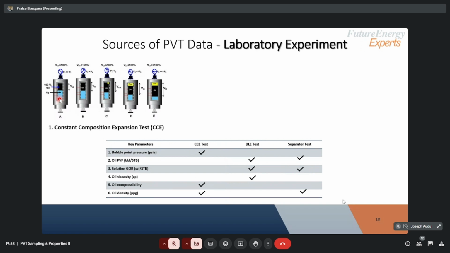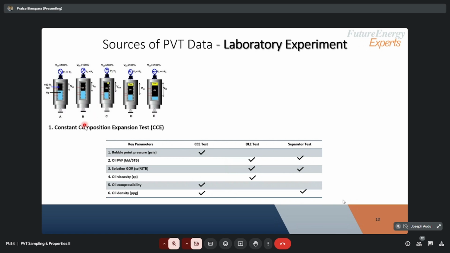So we usually start by pressurizing this oil to be above the bubble point. So that's key. We make sure that the crude oil sample we are inserting in this cell is above the bubble point. So we make use of mercury or any other element or gas, it can be nitrogen, to provide support, to provide pressure to this oil, right?